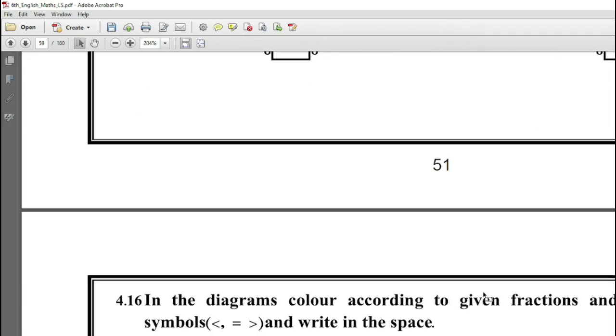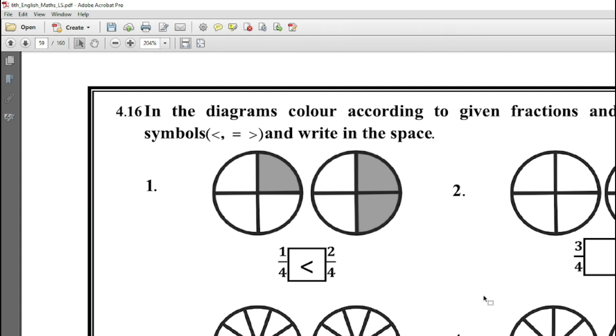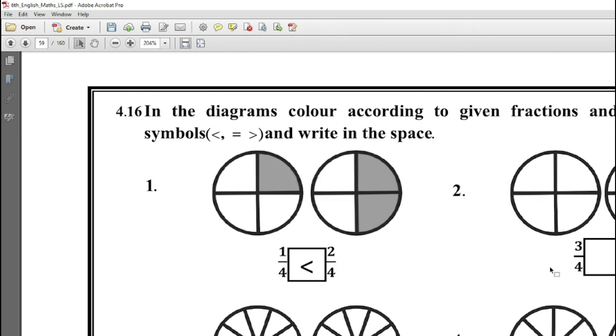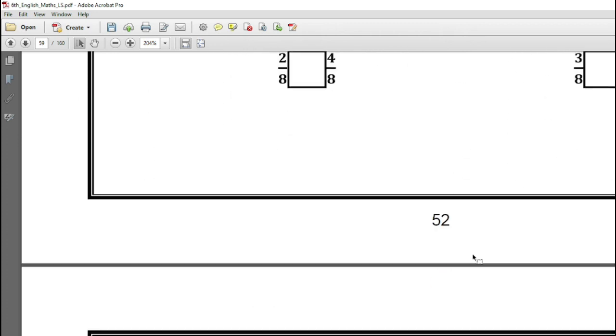So you should observe these concepts, color these shapes according to the fractions given here, and then compare these fractions using the symbol greater than, equal, or smaller than, right?